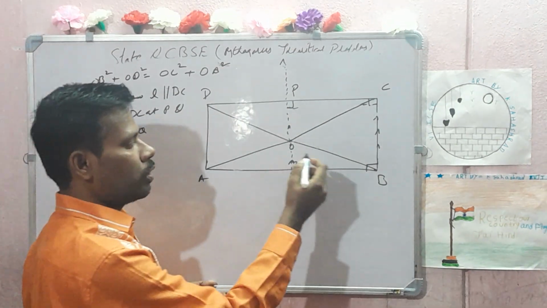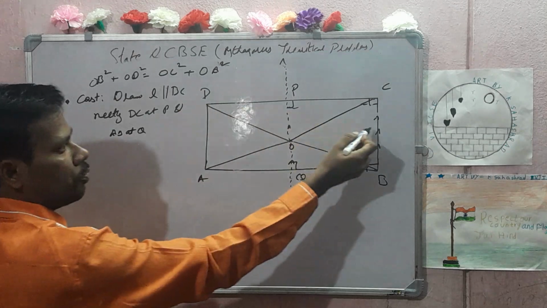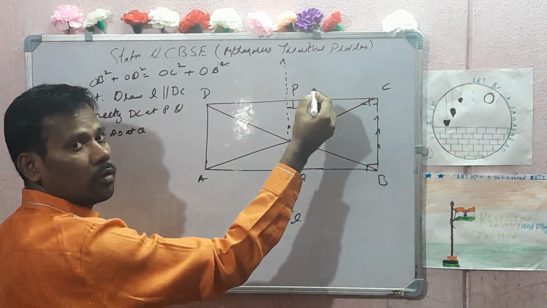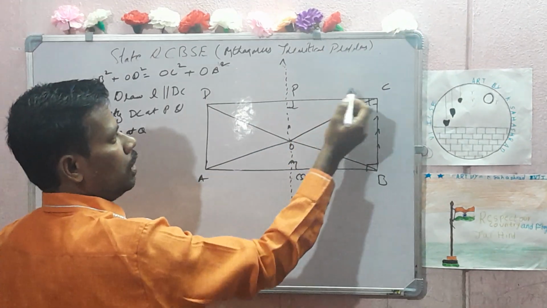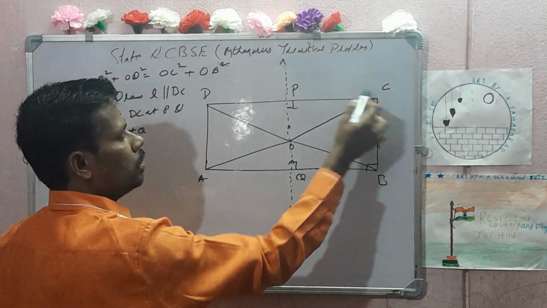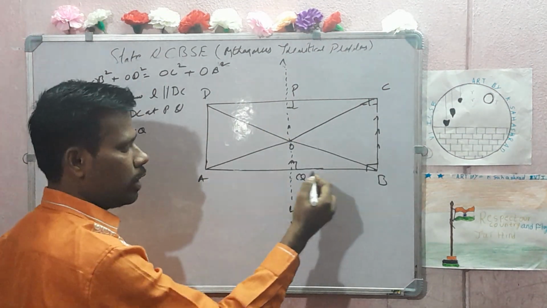Once again, draw a line L parallel to BC such that this line meets CD at P and AB at Q.